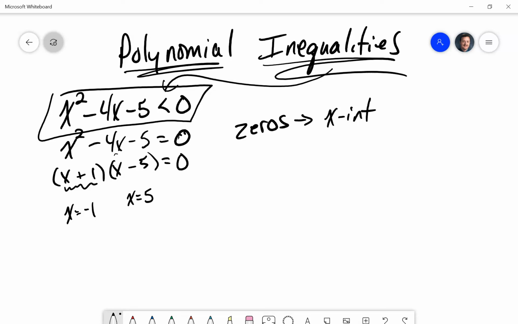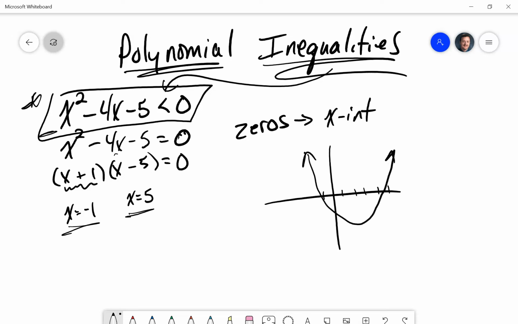Well, let's think about what this is going to look like. If I had a graph, this is going to be a parabola that opens upwards because the number in front, the leading coefficient, is positive. We have x-intercepts at -1 and positive 5. So if I look at this on a graph, it's going to look something like that.